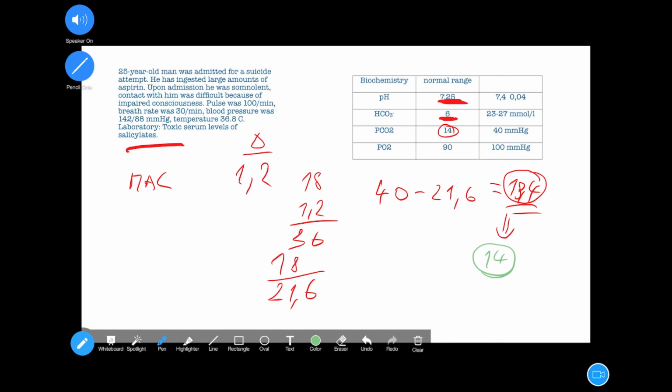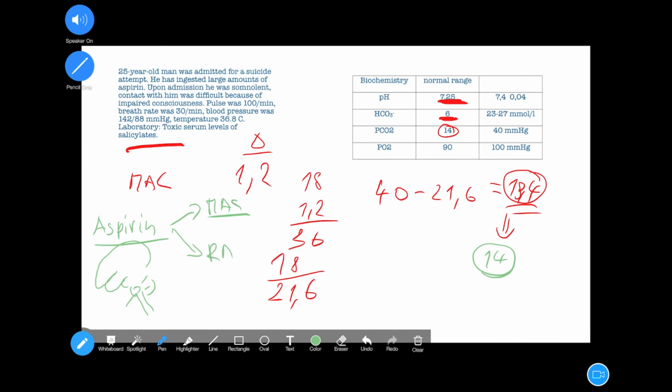And the reason is because, if you remember during the lecture, I told you that aspirin causes metabolic acidosis, but also it stimulates the respiratory centers in your brain to hyperventilate a bit more.